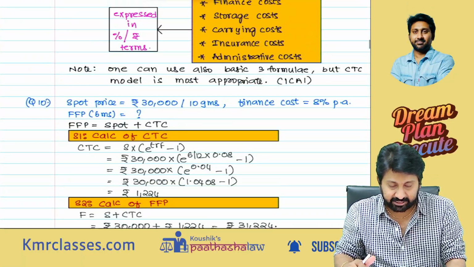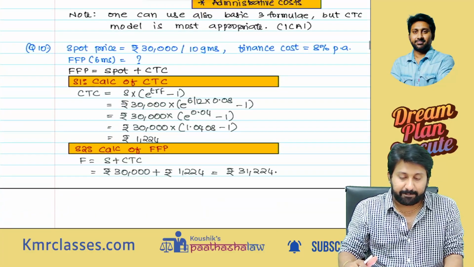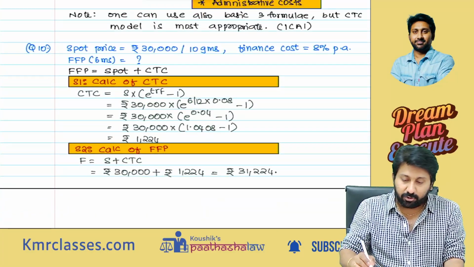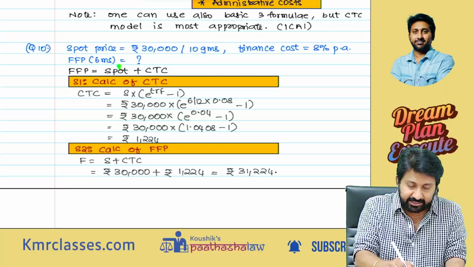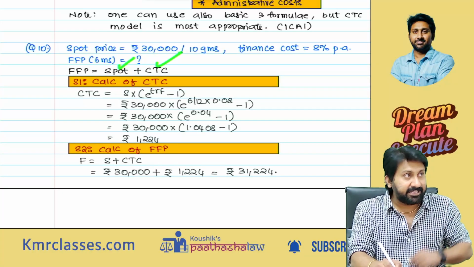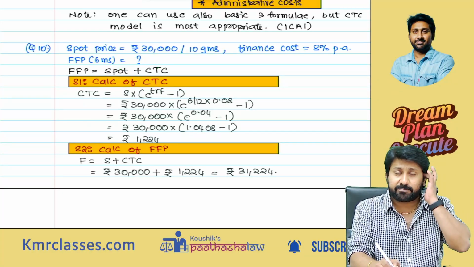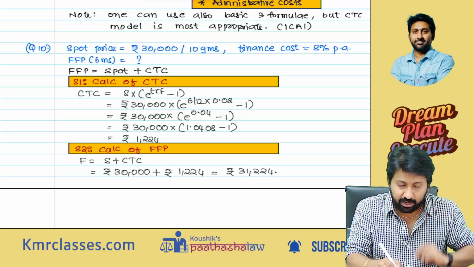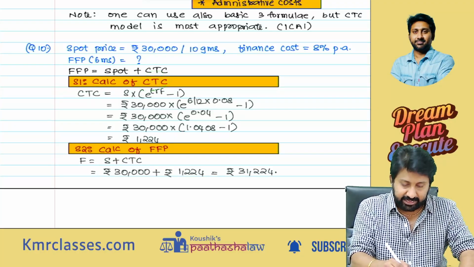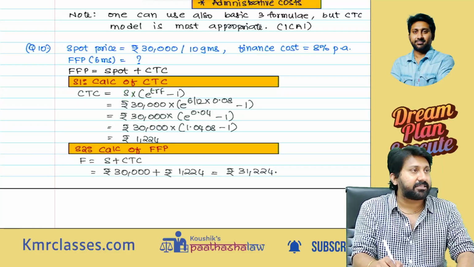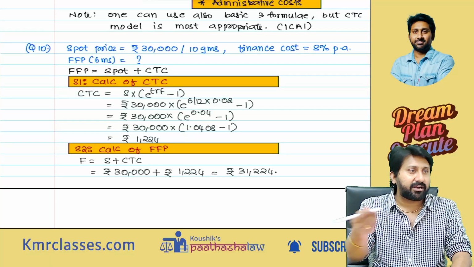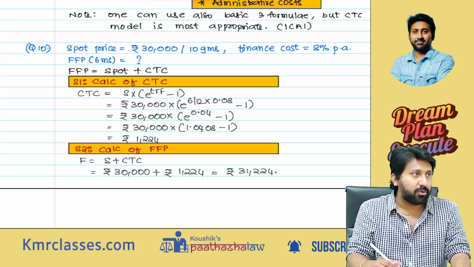Okay. Next. Sir, if it is a commodity, what will happen? If it is a commodity, you have to calculate F as S plus CTC. S means spot price plus cost to carry. How to calculate cost to carry? S into e power TRF minus 1. Or you can also calculate 1 minus e power TRF. Anything you can do. You will get one value.